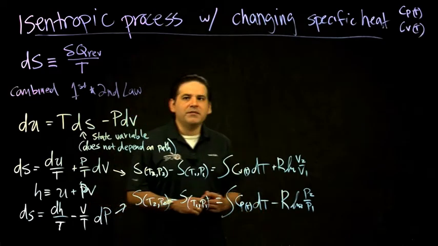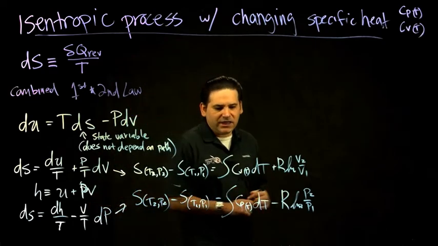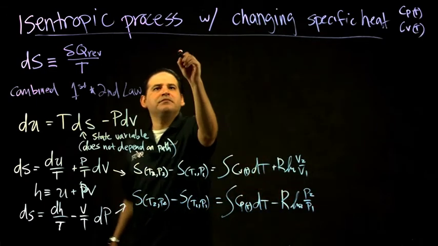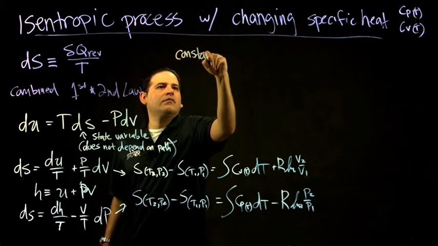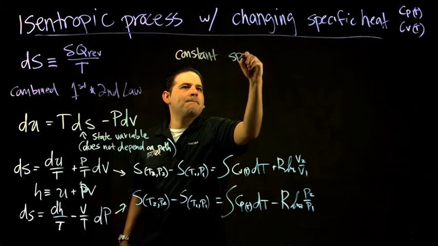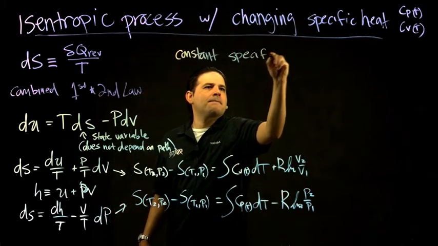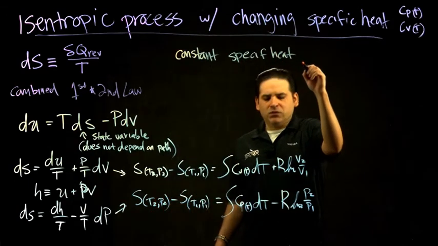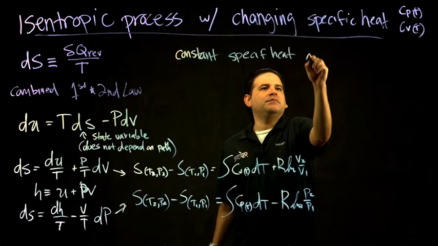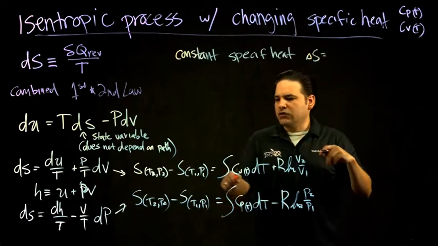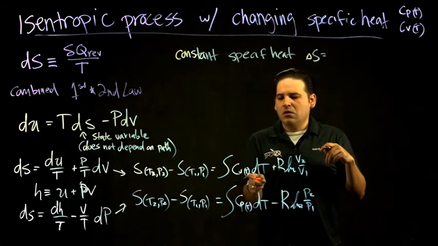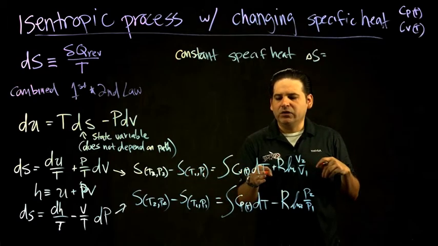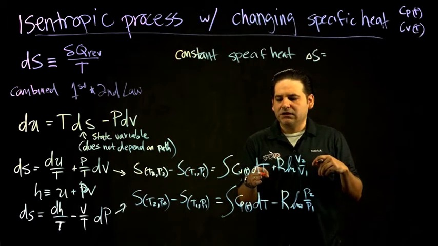So if you were to make that assumption, you can say for constant specific heats, you can relate the change in entropy to this integral where you keep the specific heat constant and then do the integral of dT.